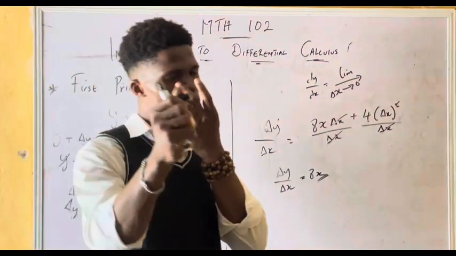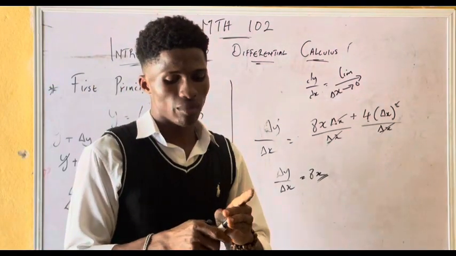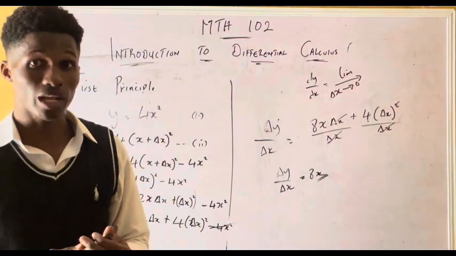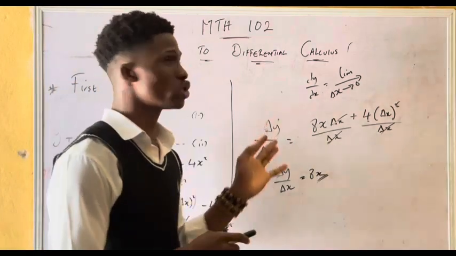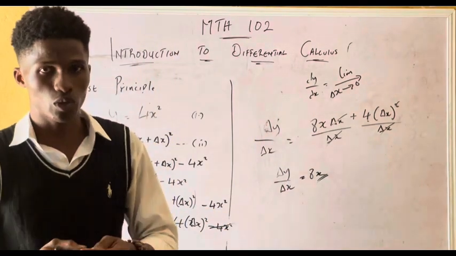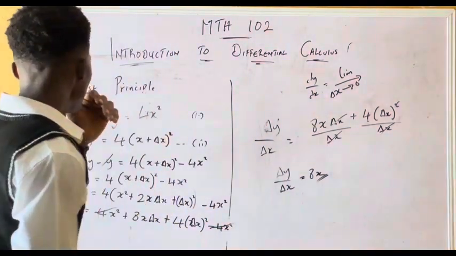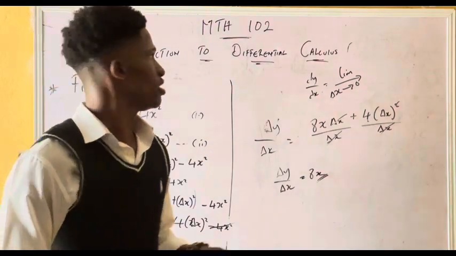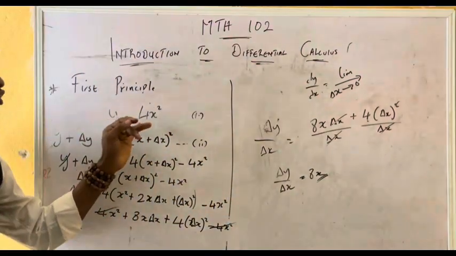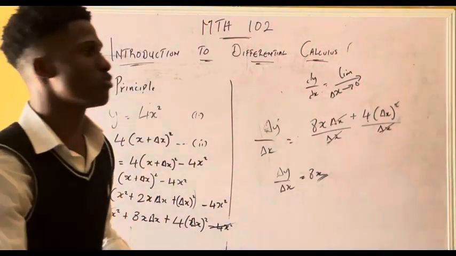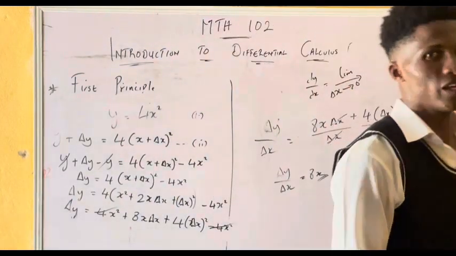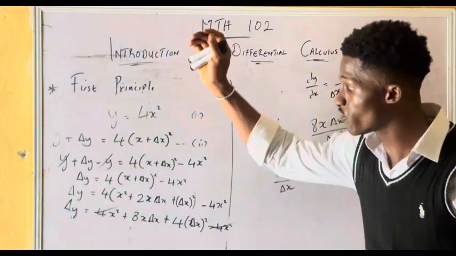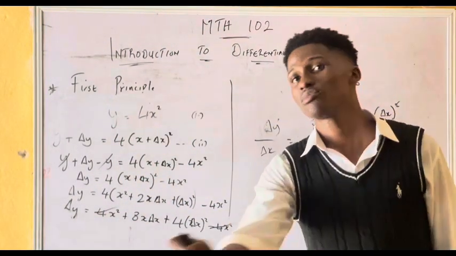Now let me give you one hint. This is Lighted Brains online tutorial, and we don't just teach you, we also share insights, because we've been there. You might see in one of your questions, solve this y is equal to 4x squared using first principle, and you will see options. If you are not wise enough, you will start using first principle to solve, wasting your little 30 minutes time you have.